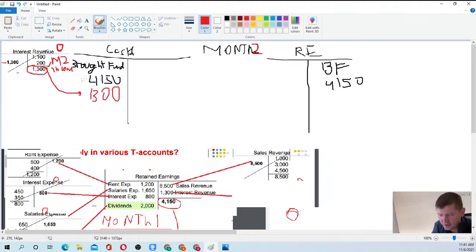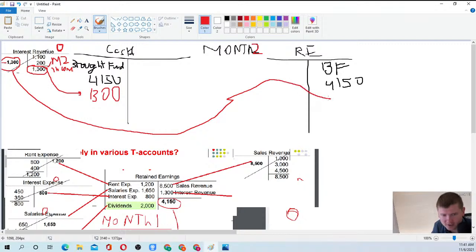Let's assume that was the only transaction which happened in that month. So now when we close it, we send it back to retained earnings to credit 1,300. It might not be very intuitive.